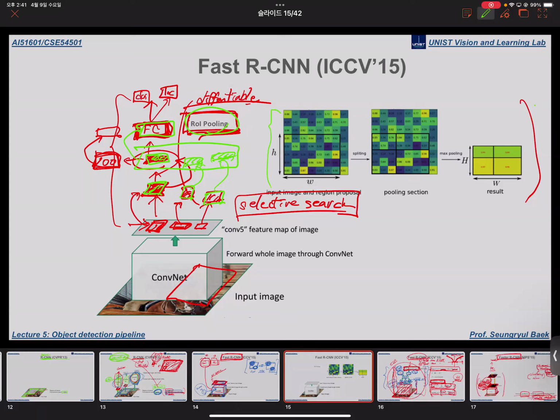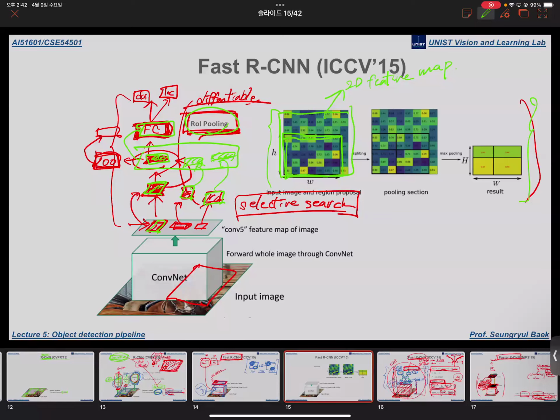This is denoting the whole 2D feature map, and this black box means a bounding box obtained from the selective search algorithm.